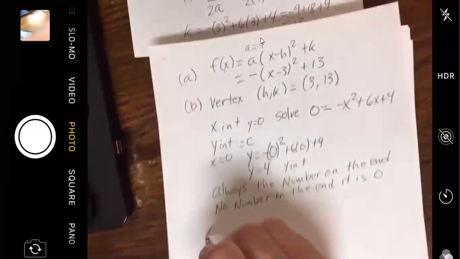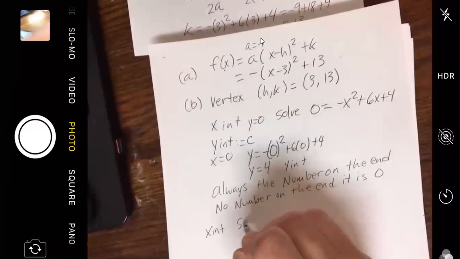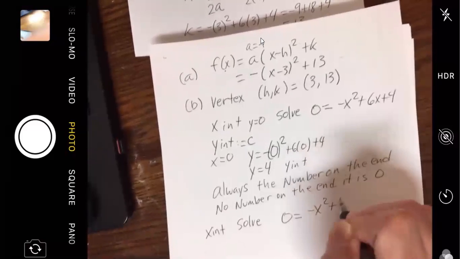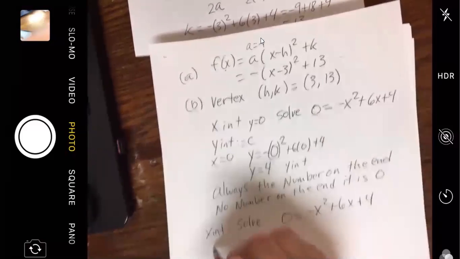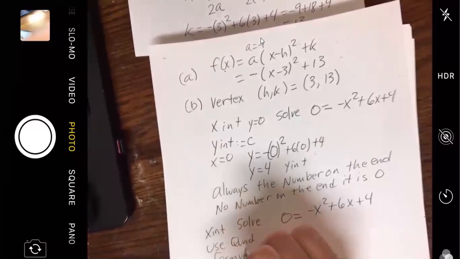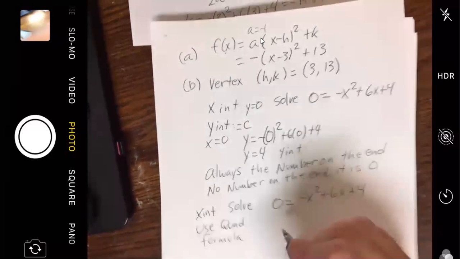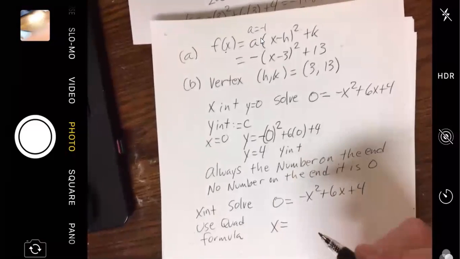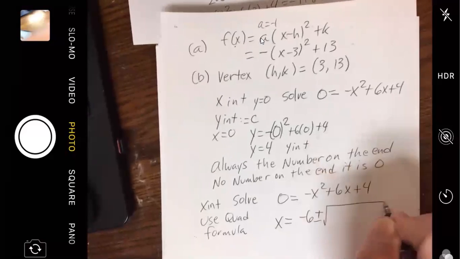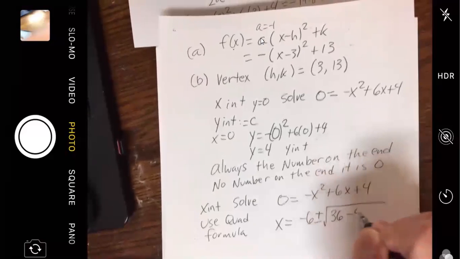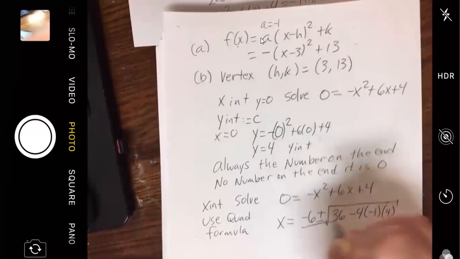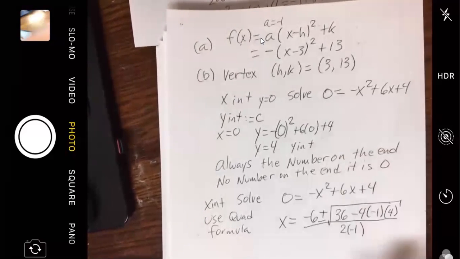All right, but for x-intercepts, solve 0 equals negative x squared plus 6x plus 4. Use the quadratic formula. Hope you remember that, chapter 1. I don't recall using it in chapter 2. Negative 6, add and subtract the square root of 6 squared, which is 36, minus 4 times negative 1 times 4, over 2 times negative 1, twice the a.